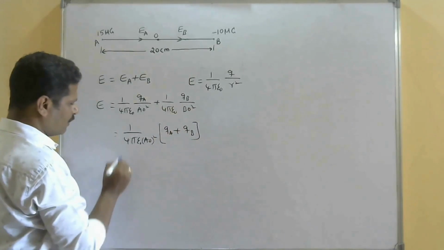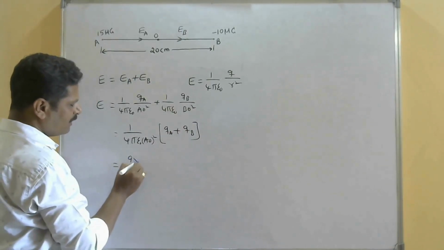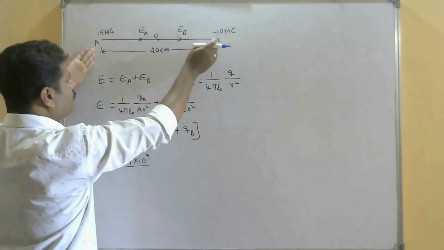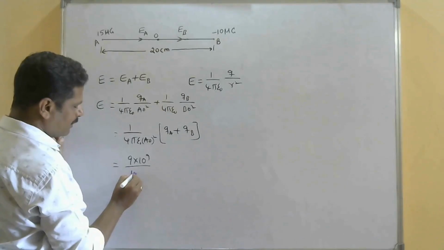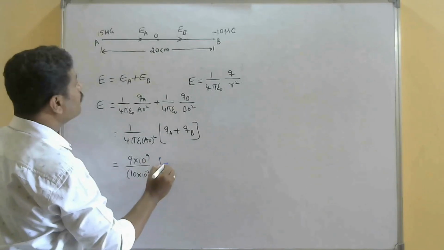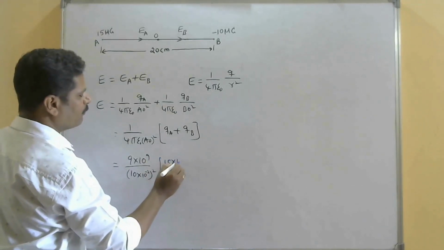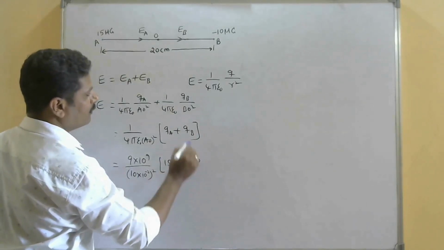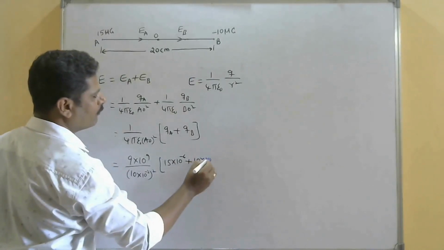And substituting the values, 1 by 4 pi epsilon naught value is 9 times 10 raised to 9, and AO square, AO means here total is 20 and AO is 10 centimeter, 10 times 10 to the power minus 2 whole square, and QA is 15 microcoulomb plus QB is 10 microcoulomb.